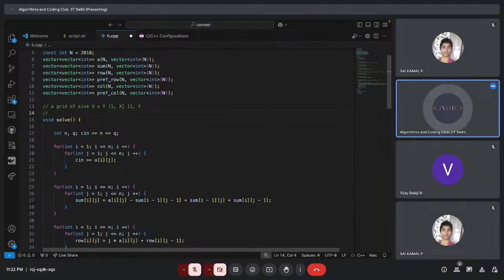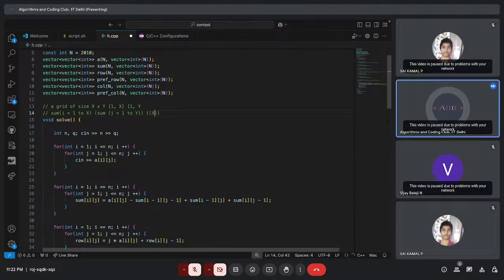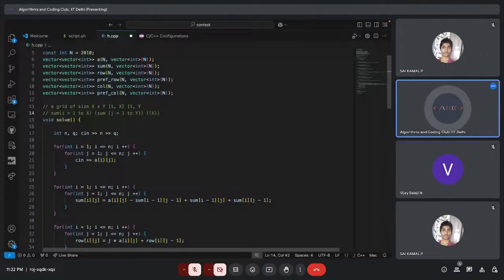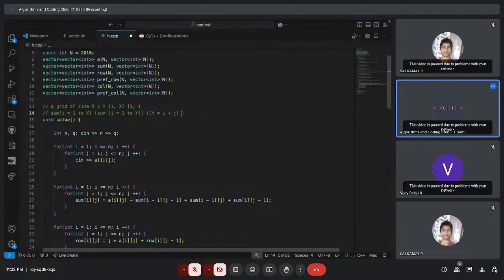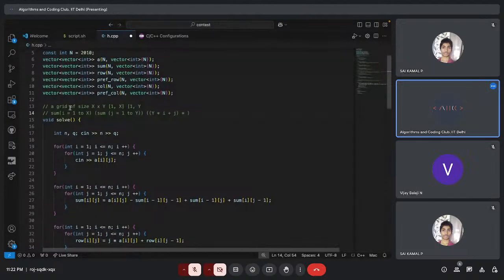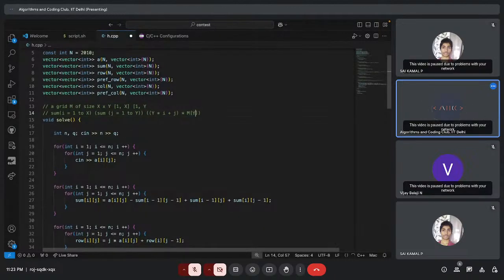We needed to find the sum from i equal to 1 to x of the sum from j equal to 1 to y of x times i plus, wait, y times i plus j times the grid, m of y times i plus j.